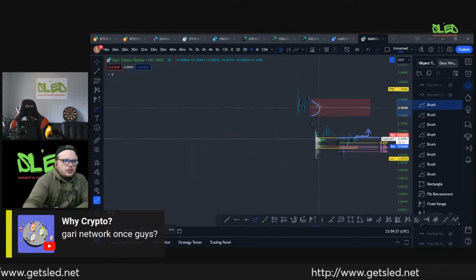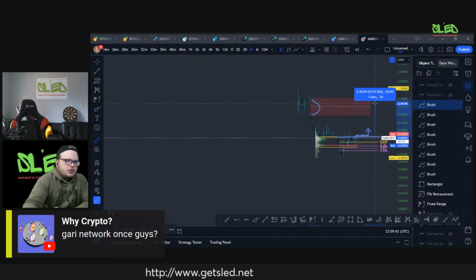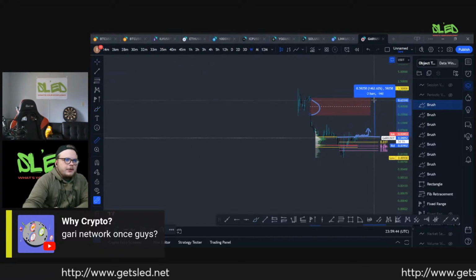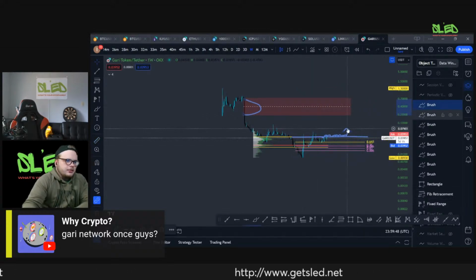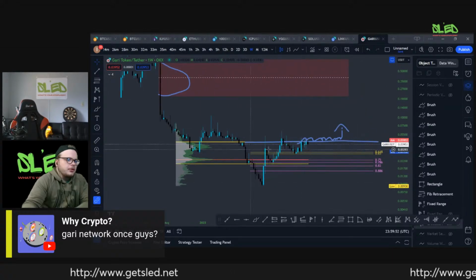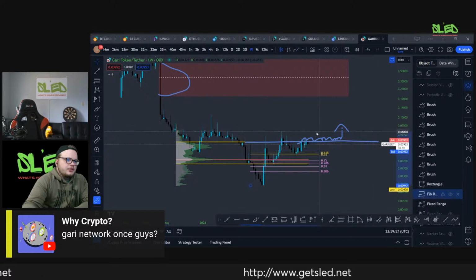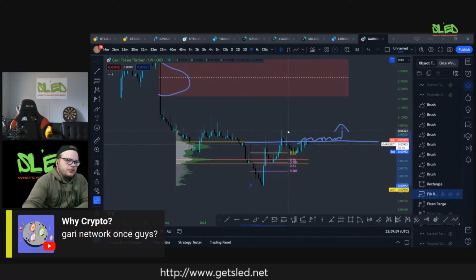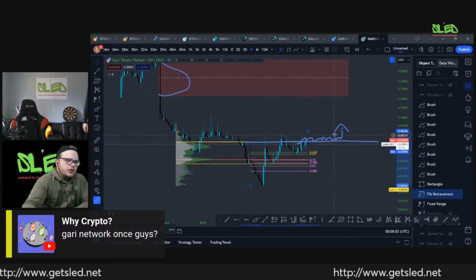So it's like 1,500%, or whatever. Unless it dumps, I don't really know this token. I know nothing about it. But it looks like we back tested the 618 Fibonacci of this impulse that we had, kind of nicely.